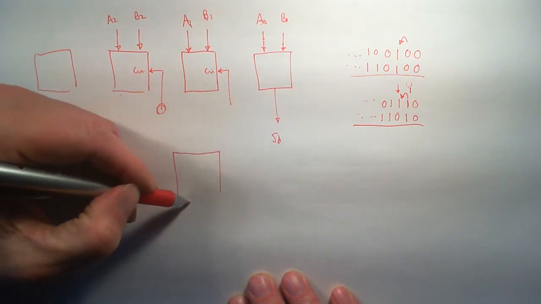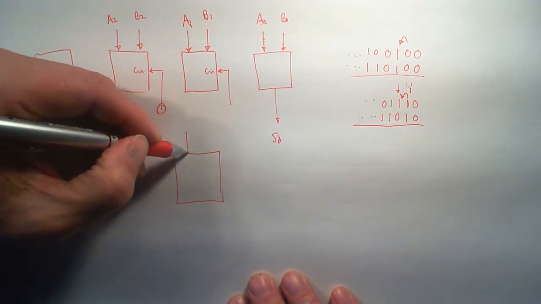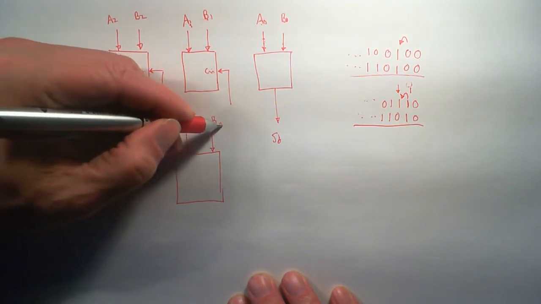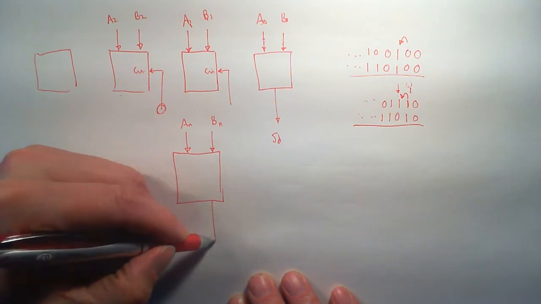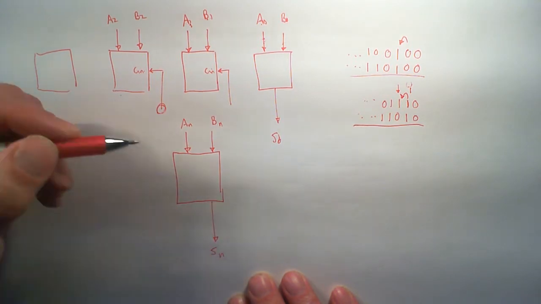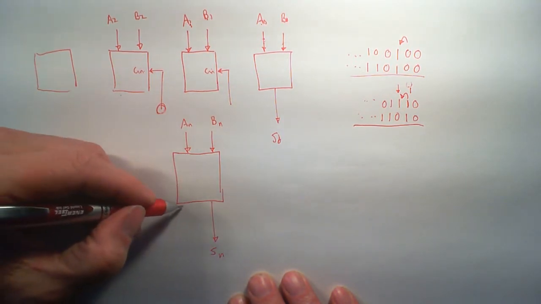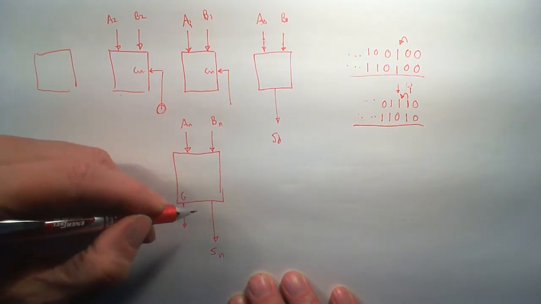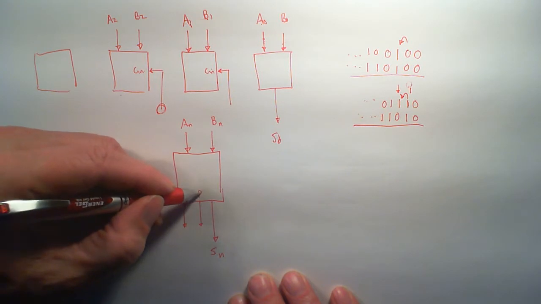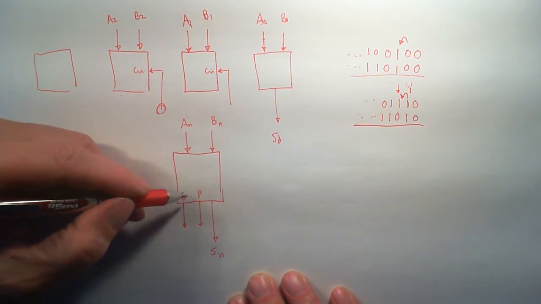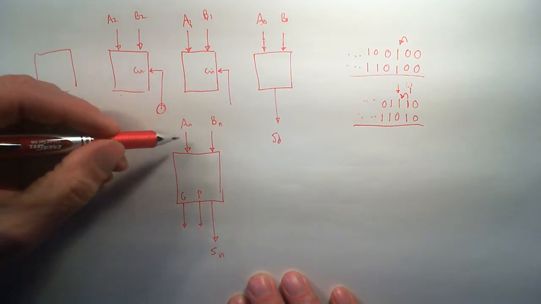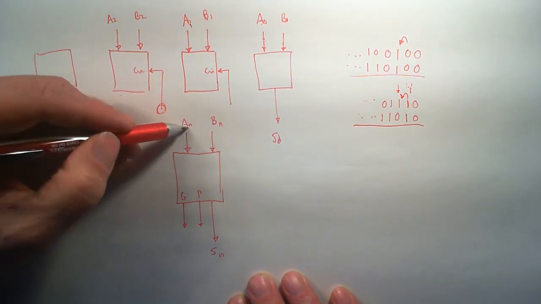So my new bit slice is going to have the same two operand bits coming in, A n and B n, and I'm going to generate a sum out. But now I'm going to generate two other signals. I'm going to call those signals G for generate and P for propagate. The generate is going to be used by the next stage to generate a carry whenever these two bits are both 1.